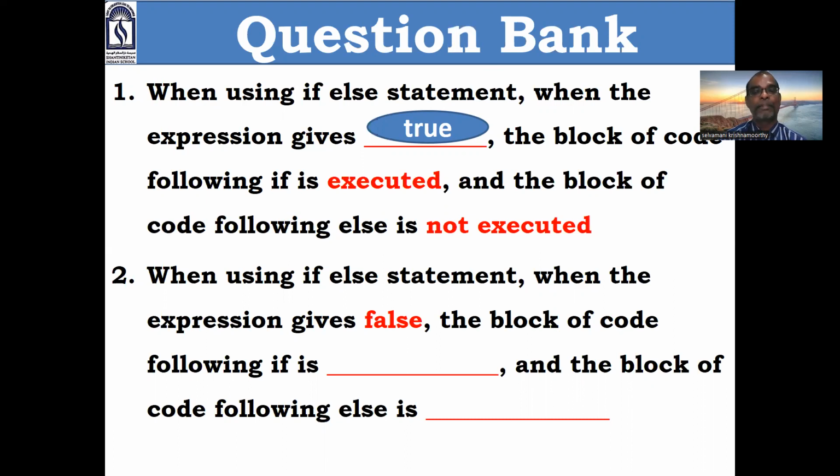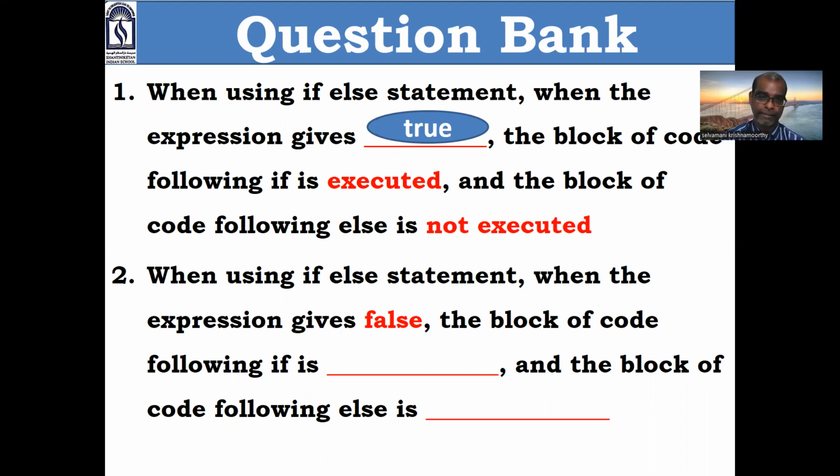See question number 2, try to answer. When using an if else statement, when the expression gives false, the block of code following if is dash, that means we have to find out whether it will execute or not execute, and the block of code following else is dash.